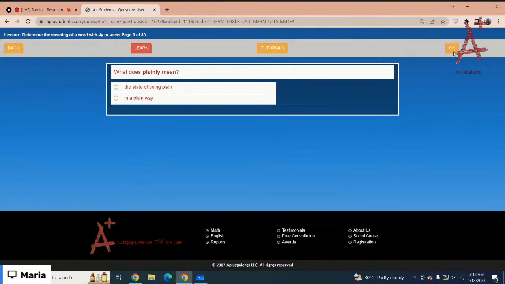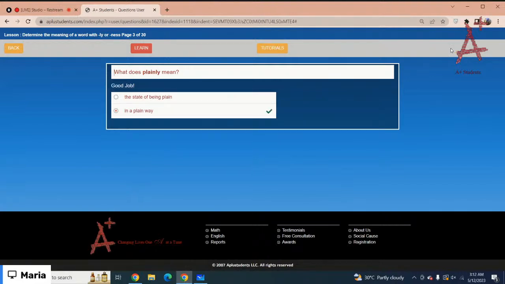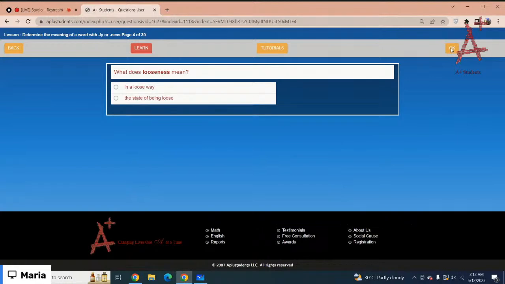What does plainly mean? Plainly, sorry, not painly. Plainly means in a plain way. Got it? The correct option is in a plain way. What does looseness mean?